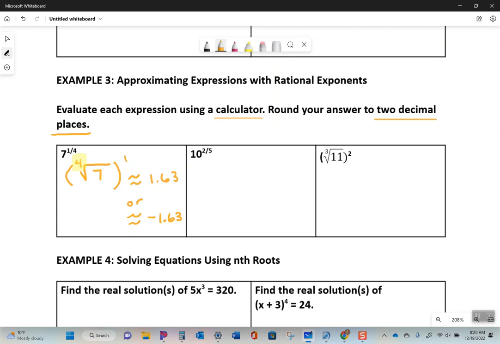All right. How would you write 10 to the 2/5 power in radical form? What would your index be? 5. So the 5th root of 10, and then raise that to what power? Okay, let me show you this real quickly in the calculator again.